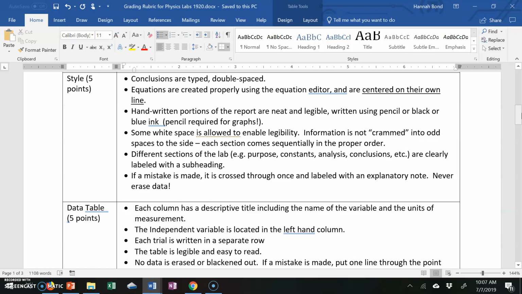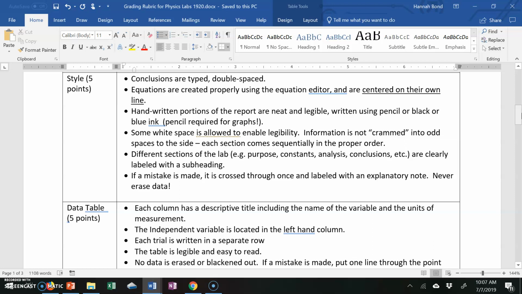White space really helps to make the report more legible, so please don't try to just cram information into odd spaces like to the side and everything like that. Each section should come sequentially in the proper order, and each section should have its own subheading.